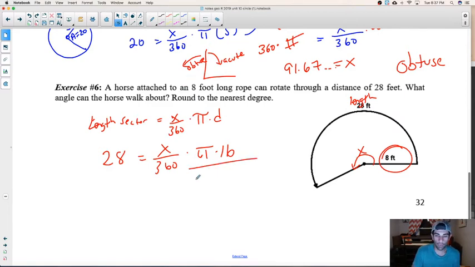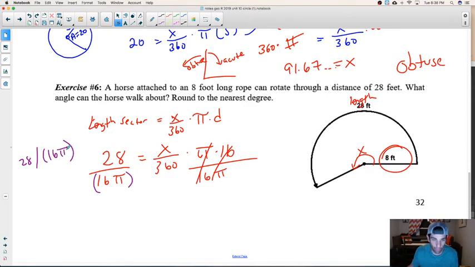Do what we did before. Divide by the 16 pi. We also remember, because I just told you, that this is going to go in your calculator in parentheses, or you're going to get the whole thing wrong. So you did 28 divided by, in parentheses, 16 pi.